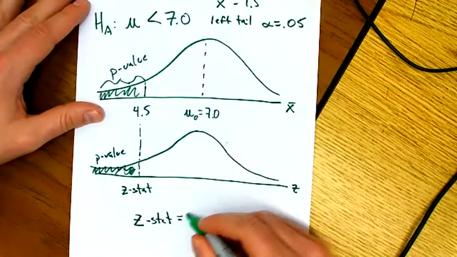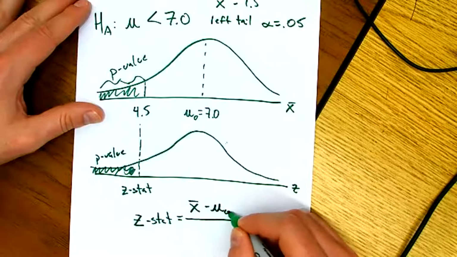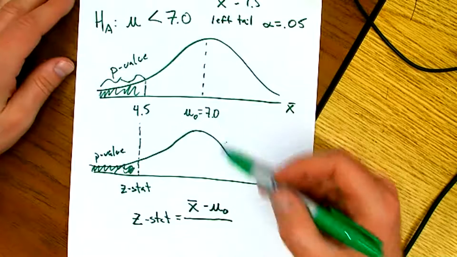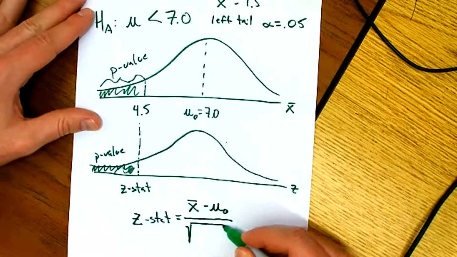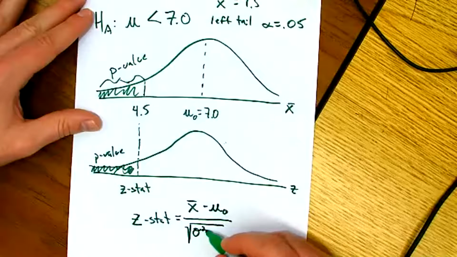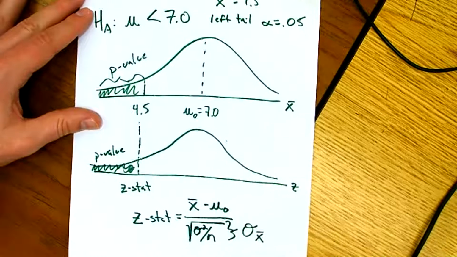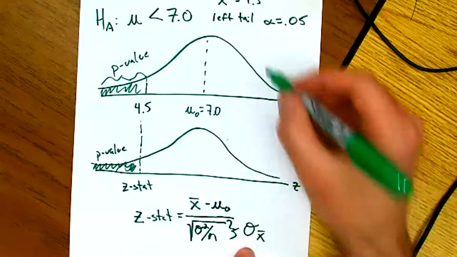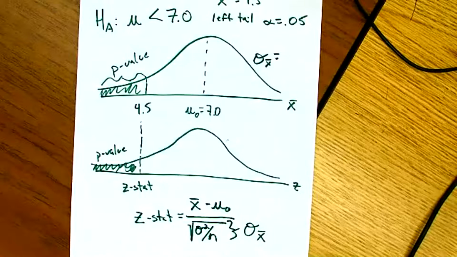we said you simply take the sample mean. Now, usually we subtract the true mean, but we have an assumed true mean here, so we'll subtract that. And then we'll divide by the square root of the population variance over the sample size. This denominator we could have calculated as an intermediate step up here, which is to calculate the standard deviation of the sample means first.